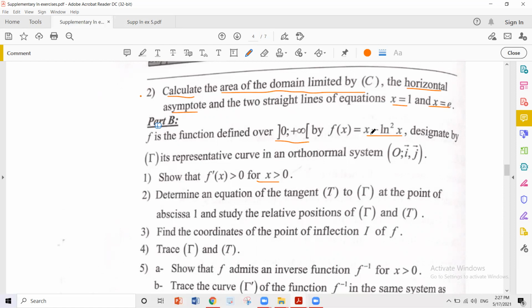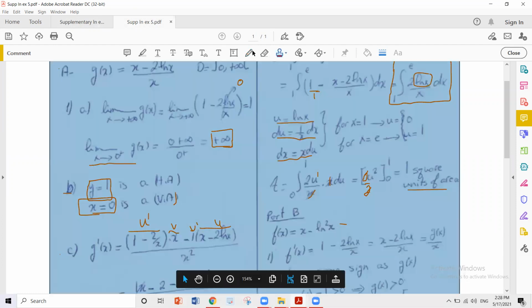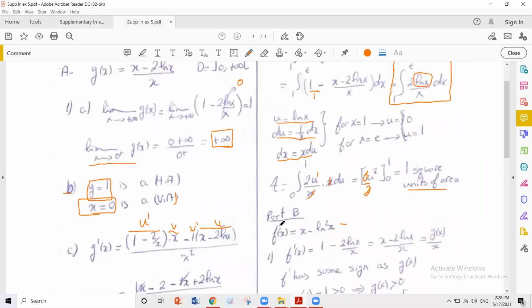How do we find the derivative of this function? We write it as x minus ln x, squared. We are going to show that the derivative is positive.